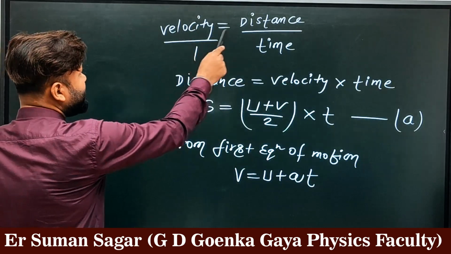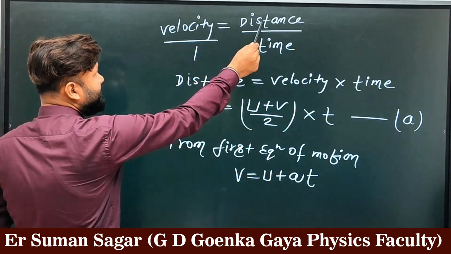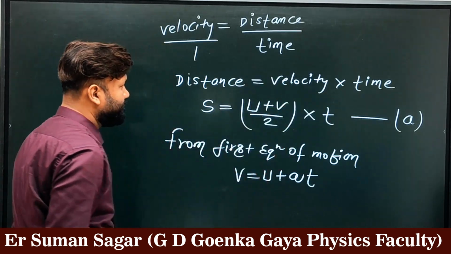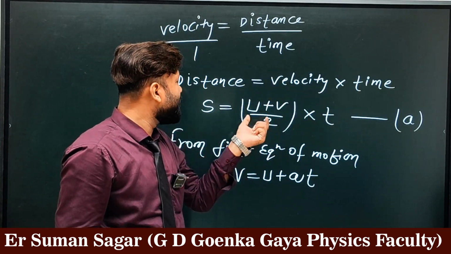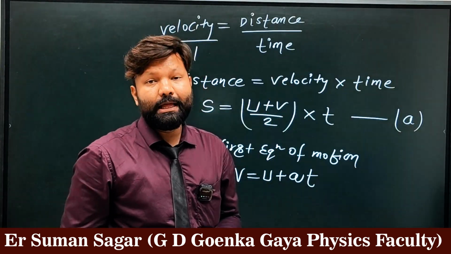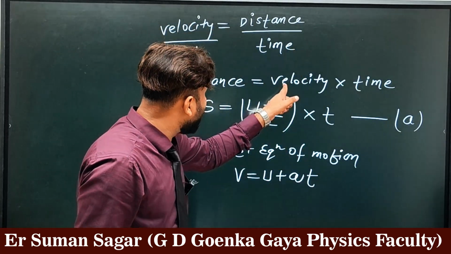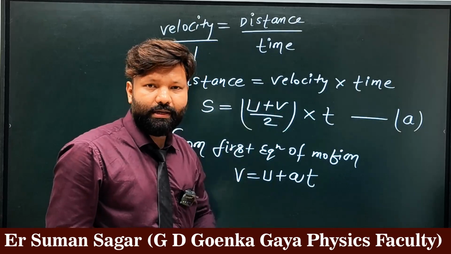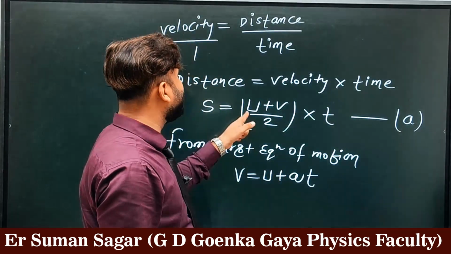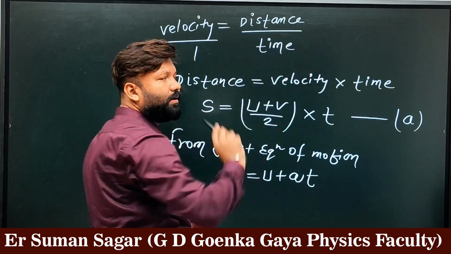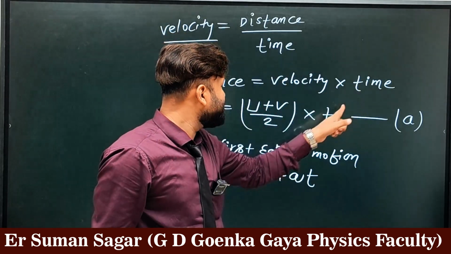Cross multiplication, distance into 1, distance, velocity multiplied with time. Now in place of velocity, we have to write u plus v by 2. Many one will ask one question, sir, it is neither initial nor final. And that is the reason we have taken the average velocity of initial and final, that is u plus v by 2 in place of velocity. Now time t.